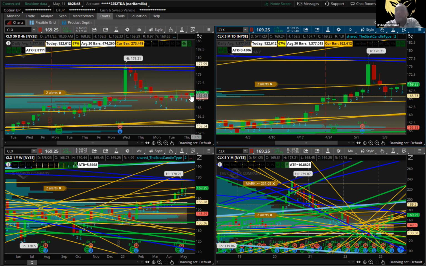And then on the day, we've got the 2-down hammer. We've got the rev strap potential here on the day. I believe that's above 169.50. So you've got 2 trigger points available for CLX. Right now, after the drop, it looks like it's just consolidating under this weekly broadening formation and above the point of control on the 4-hour.